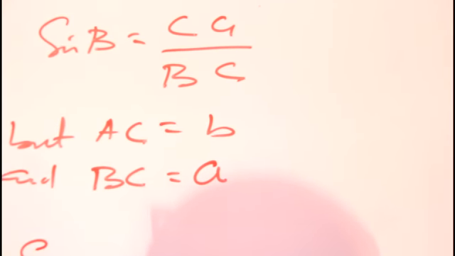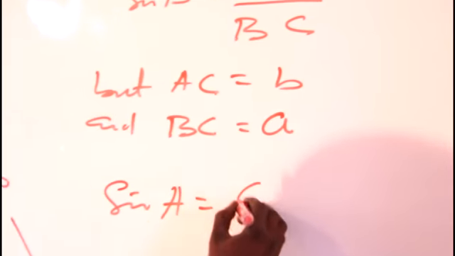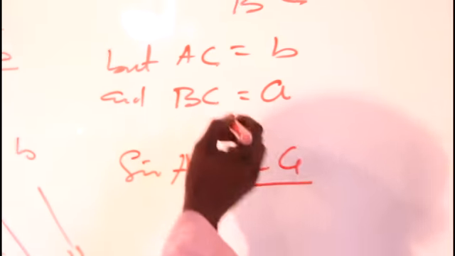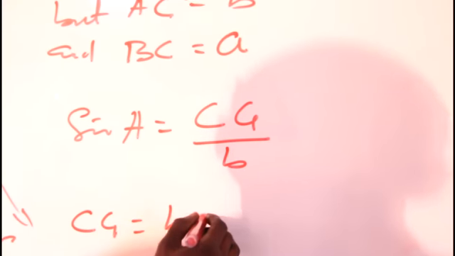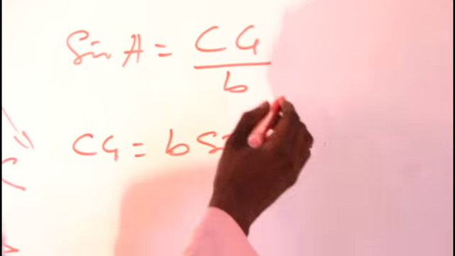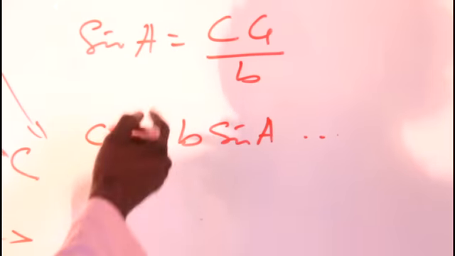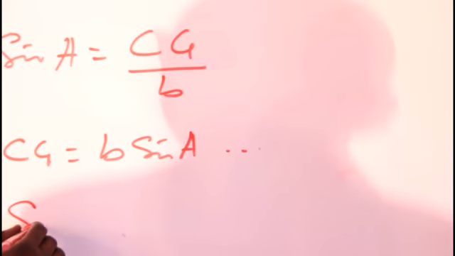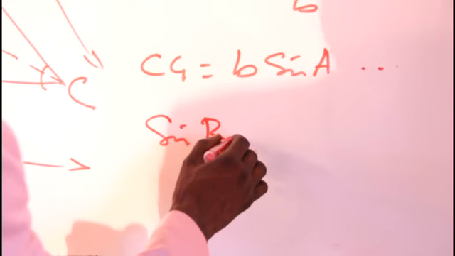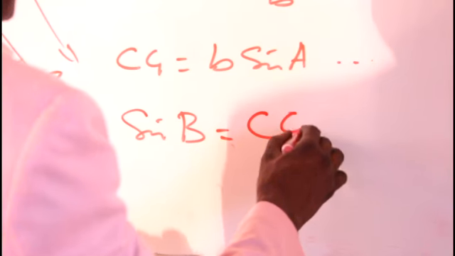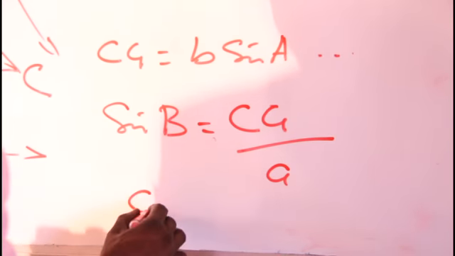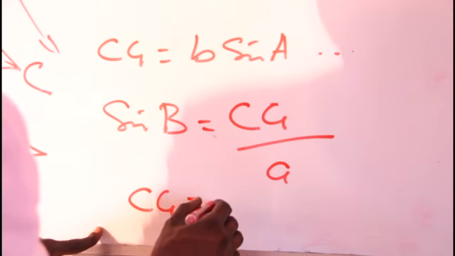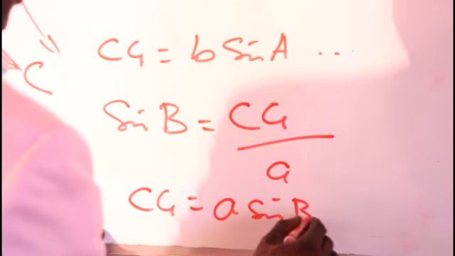When we substitute, sine A will be equal to CG over b. When you cross multiply, CG will be equal to b sine A. Similarly, sine B will be equal to CG over a, so CG will be equal to a sine B.